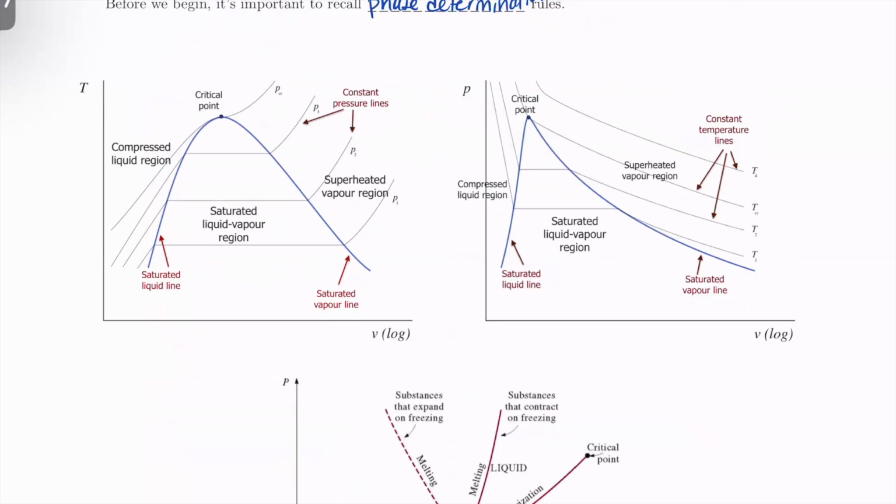So when we're talking about the different phases, just to recap, we have our saturation line in blue. So this is our saturation line. And then we have our constant pressure lines here. So for example, this is a line of constant pressure. It's also called an isobar.